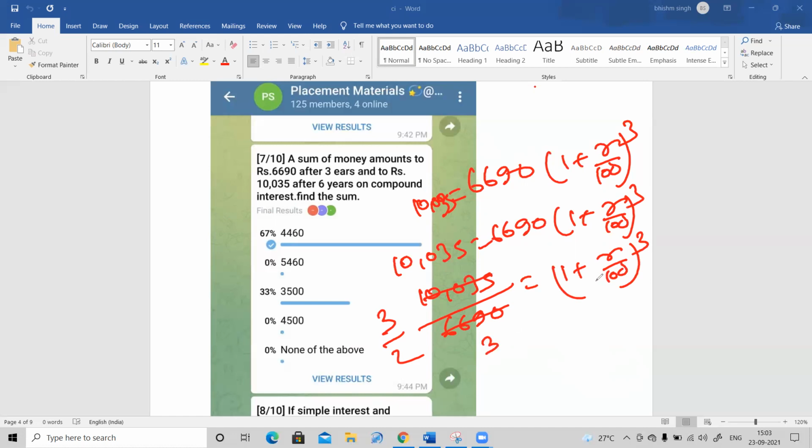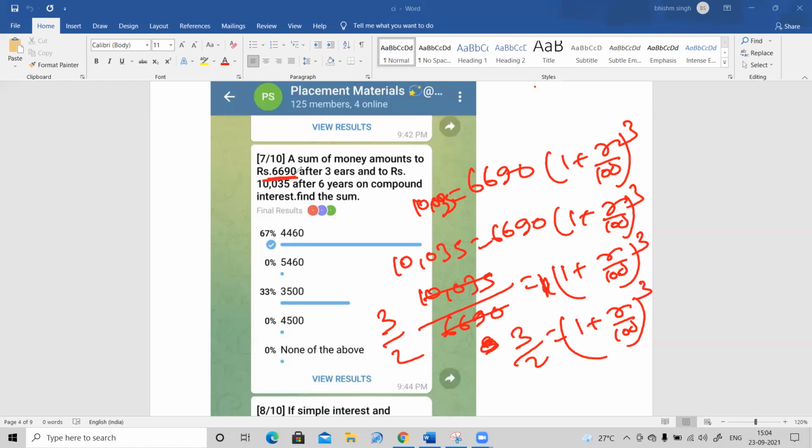How much we have to find, the sum, this principal. So rate you can find from here. Again, 1 plus r divided by 100 to the power cube, coming how much? Coming 3/2. Okay, this value coming like this. So now see everyone, this amount is there now, 6690.